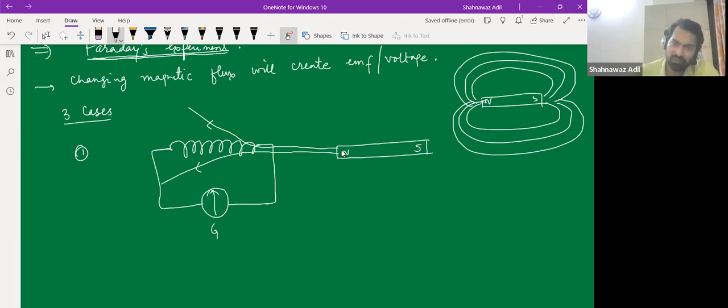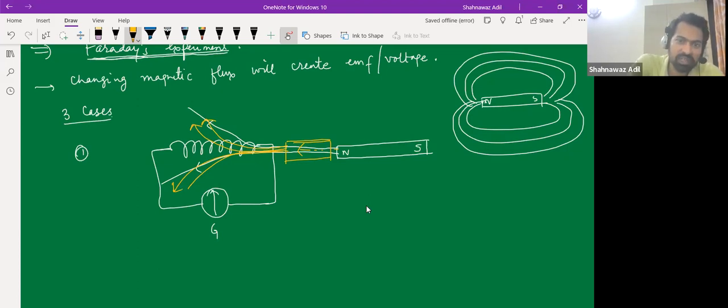So if we move this bar magnet closer to the coil, so now it has reached here, then what will happen? Will the flux remain the same or will it increase? It will increase. Flux will increase, right?